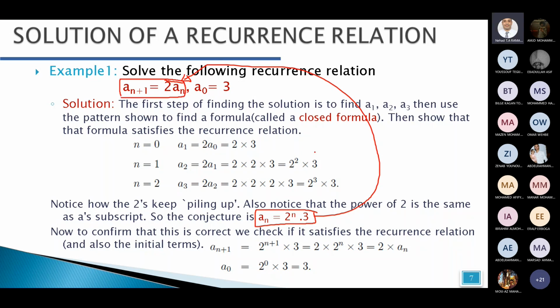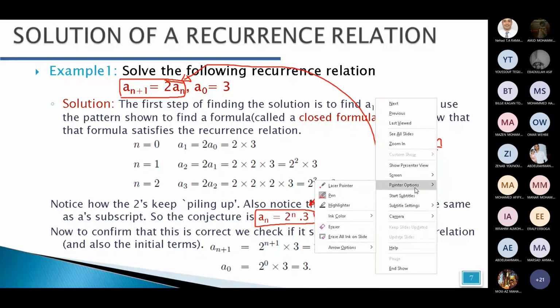It says a(n+1) equals 2 an. Now get this an from the general term here. This means we will apply this solution to the recurrence relation.